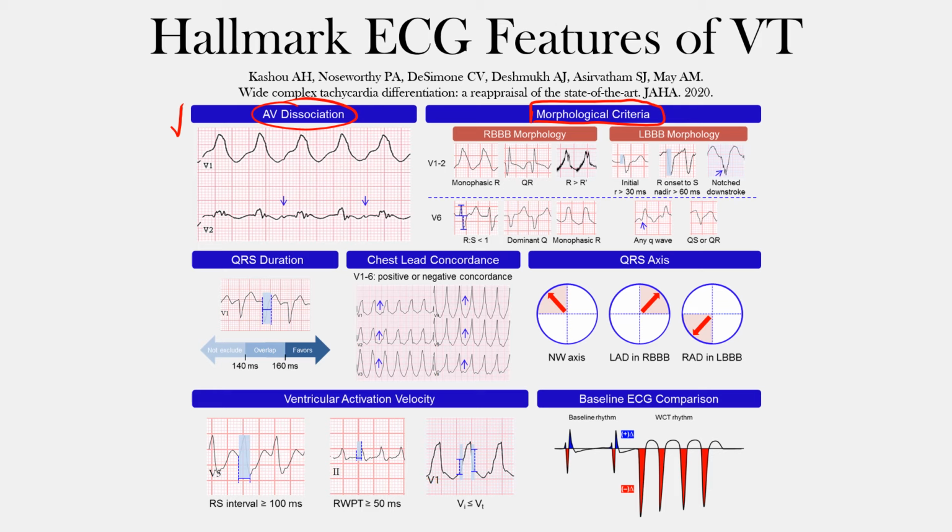So there's no criterion or criteria that give us diagnostic certainty, but these help get us closer, okay? And when you take the patient's clinical context and history, it gets you even closer. So these are some things.